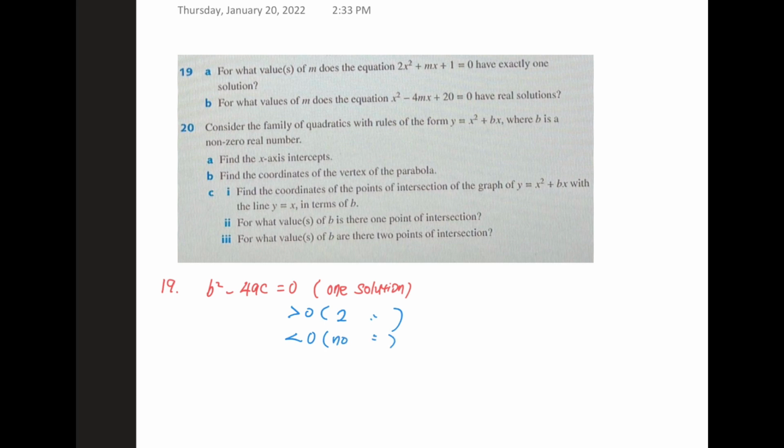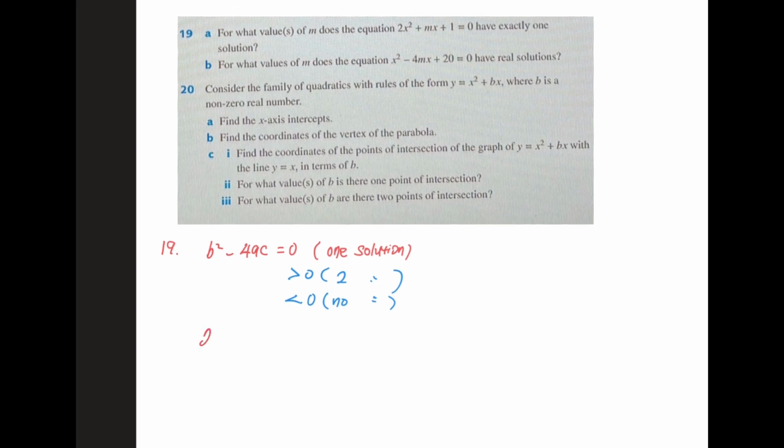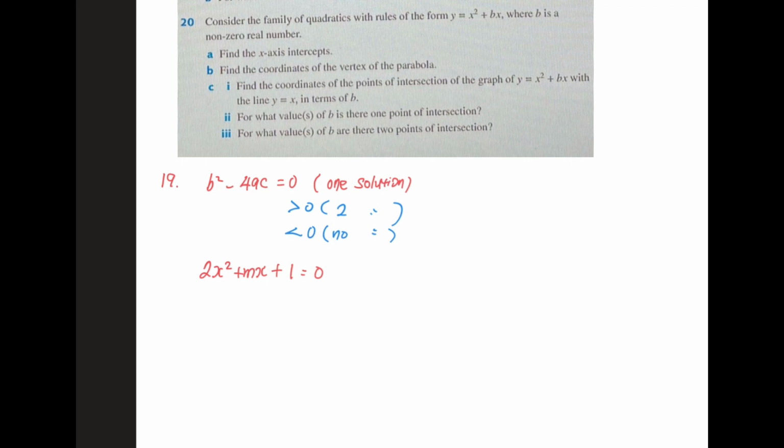Okay, so for our question here, we have to use b squared minus 4ac equal to 0. So we have 2x squared plus mx plus 1 equal to 0. So we need to know the first number there is a, then the second number is b, and c is equal to 1. So we have a, b, c here.